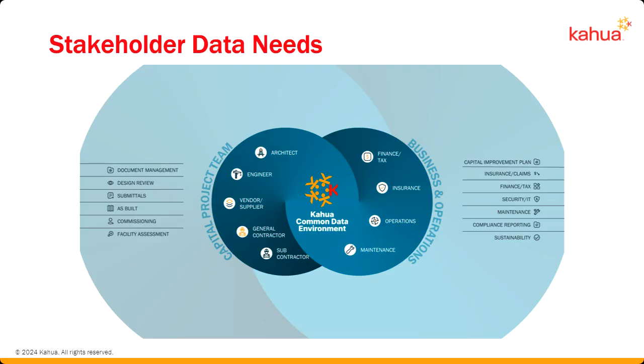And what's very valuable here is, all of those stakeholders that participate on your projects and even downstream that need asset information are able to leverage Kahua's common data environment for that information. So hopefully you enjoyed seeing all of the capabilities. I'm glad to be able to share that with you today, and I'm happy to answer questions.